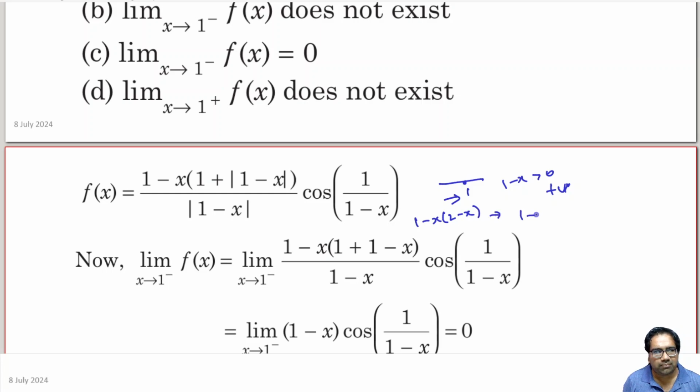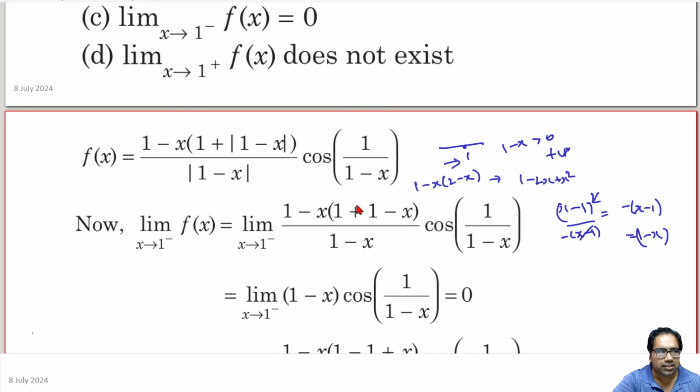This is equal to 1 - 2x + x squared, which is nothing but (x - 1) whole squared. We have (x - 1) squared by (1 - x), which is nothing but minus of (x - 1), which is nothing but 1 - x. So this entire part will turn to (1 - x) and cos of 1/(1 - x).